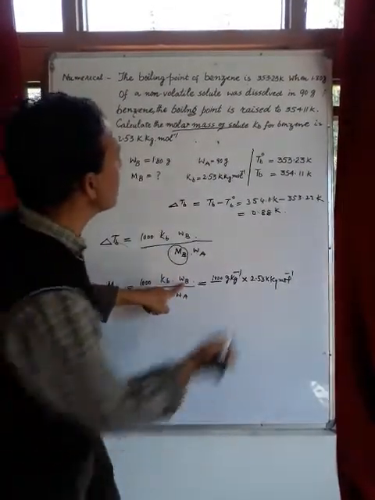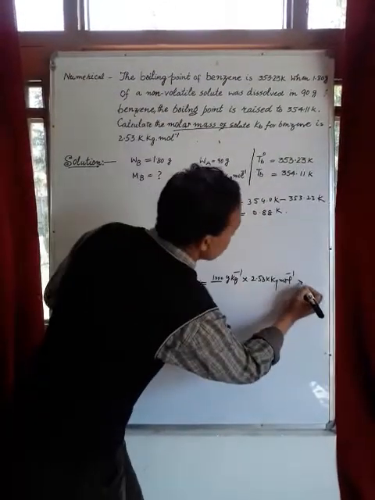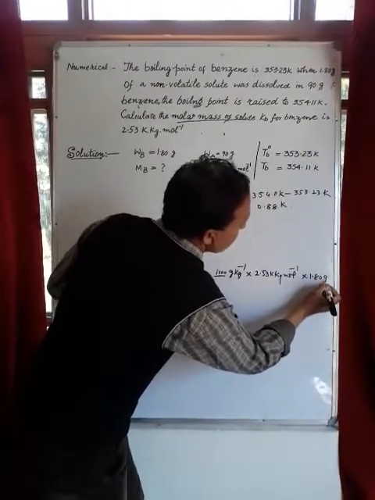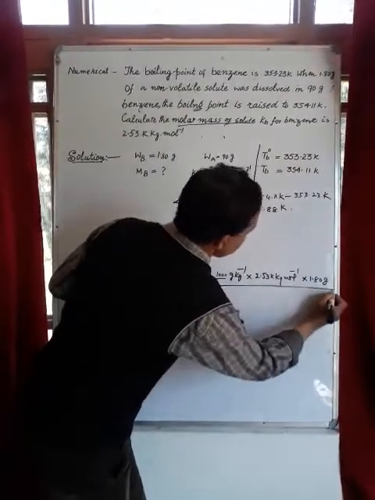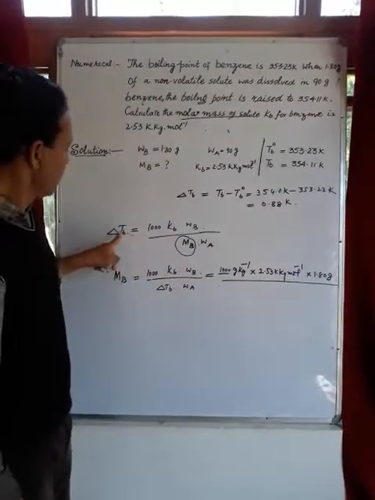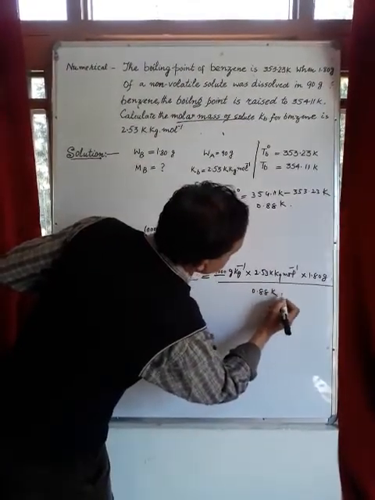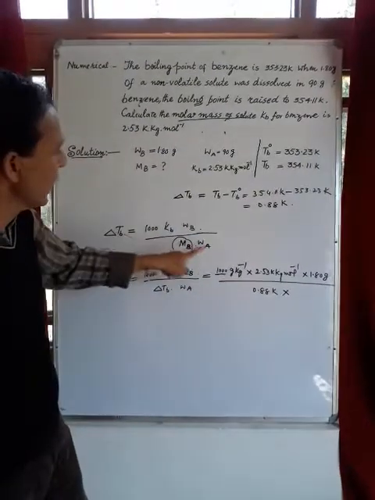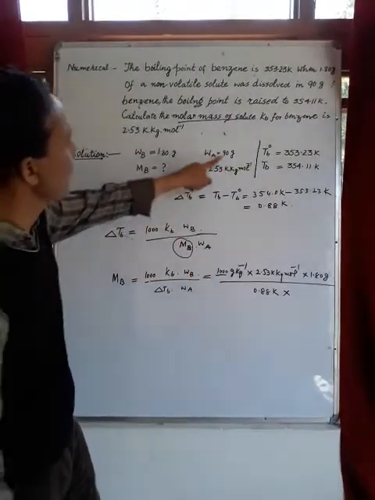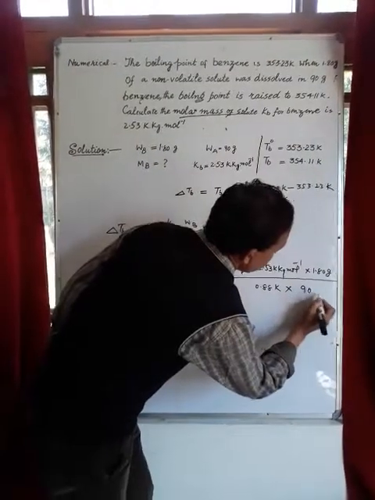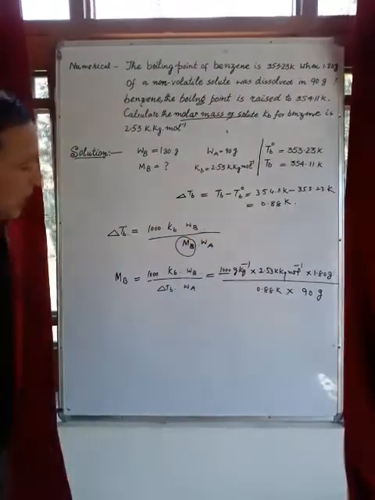And what is Wb? Wb is equal to 1.80 grams whole divided by del Tb is 0.88 Kelvin into Wa. How much is Wa? It is 90 grams.